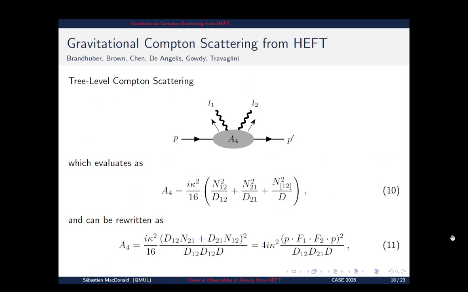We've got our squared numerators, and our two massive propagators here. That's D12, and the cross diagram would be the switching, that would be D21.